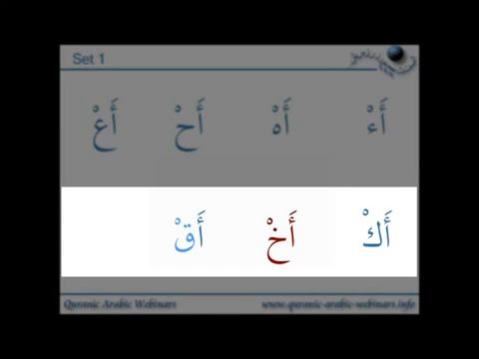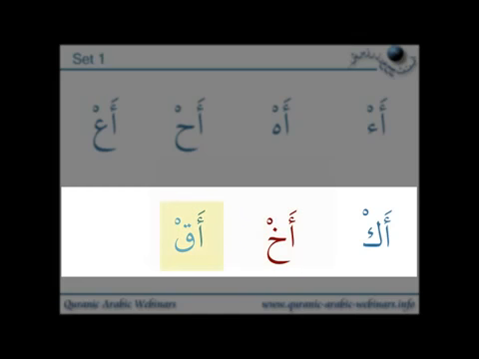The next line is the kaf, the kha, and the qaf. Again, these need to be differentiated. The first one, the kaf, is very soft, so it will simply be "ak". The kha, again, is tafkhim, so this will be "akh".